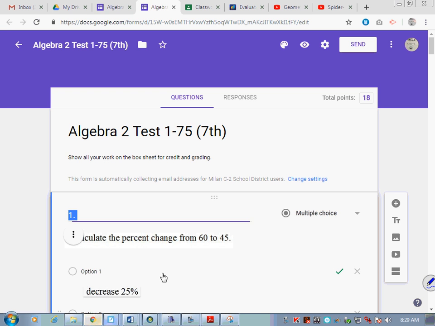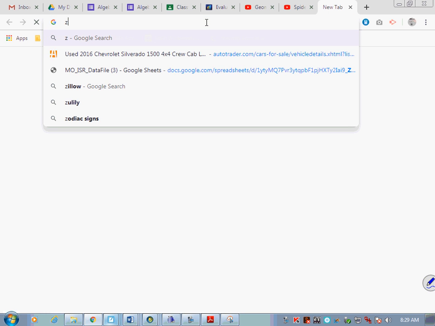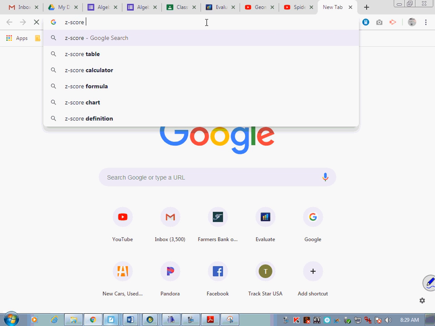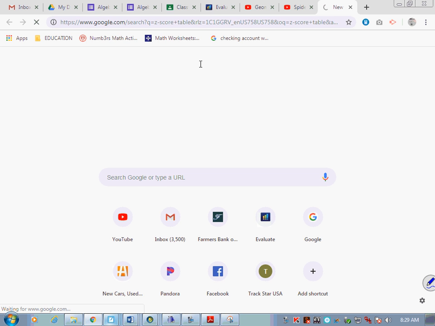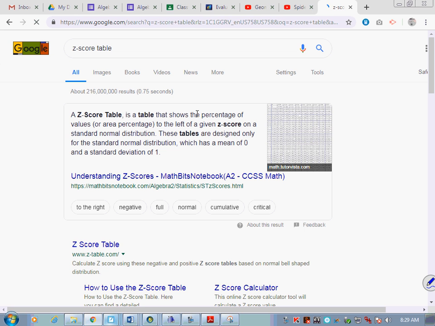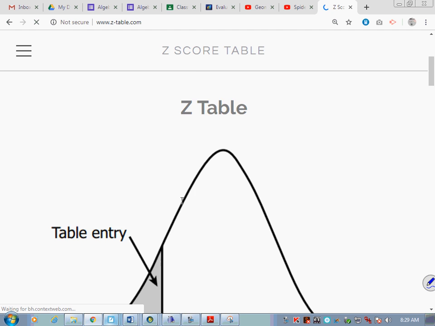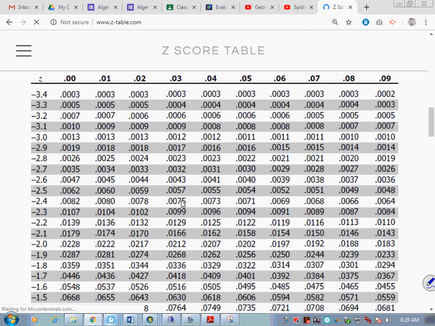I'll try to explain how we read a z-score table. If I can get an example pulled up. Internet may be really slow today, I don't know.